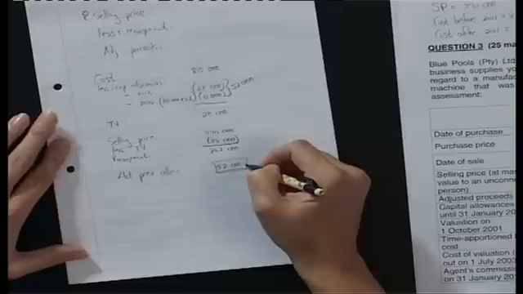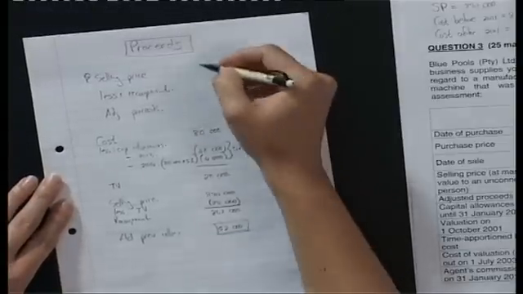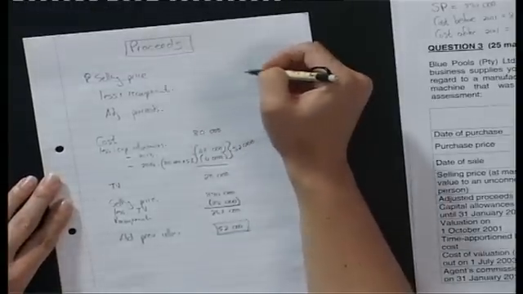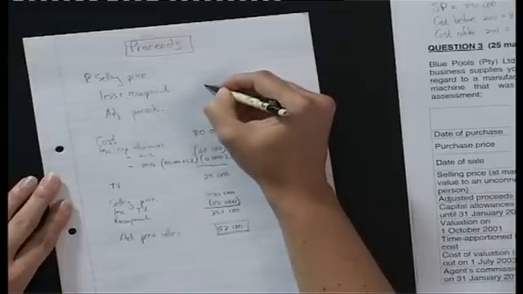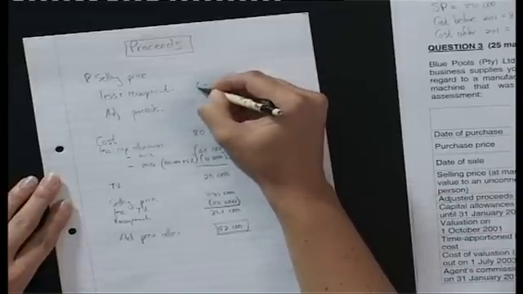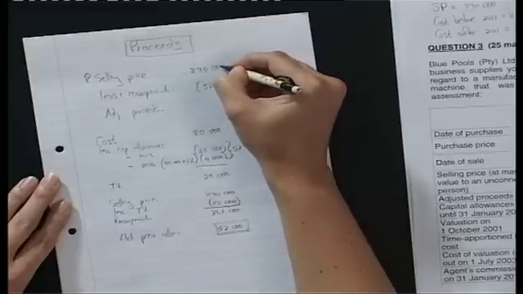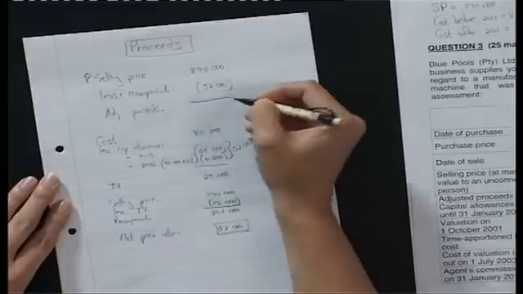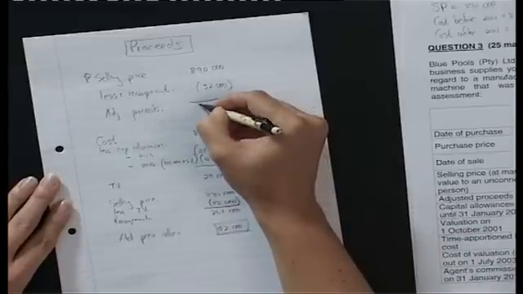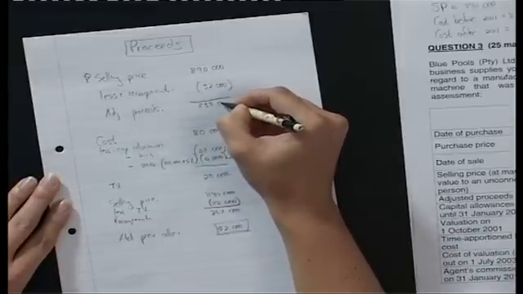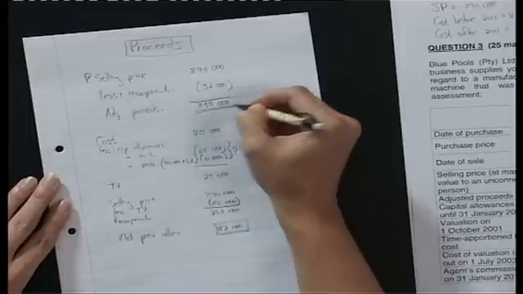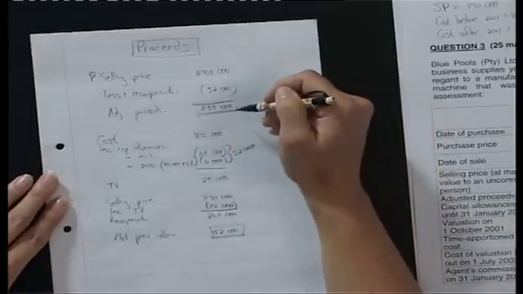So now I know what my recoupment is, and I can now slot it into my top calculation, where I have my recoupment of 52 that I deduct. I know my selling price is 890,000, and this gives me the adjusted proceeds of 838,000. And this is my proceeds calculation.